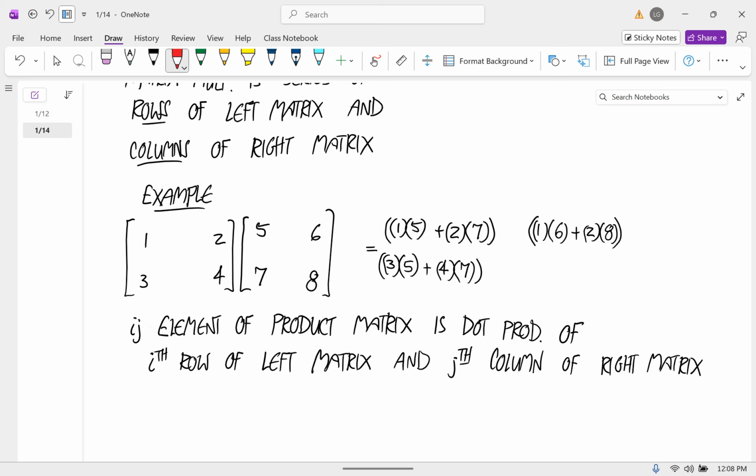That's going to be the second row of the first matrix dotted with the second column of the right matrix. So that's going to be 3 times 6 plus 4 times 8. And if you do all this addition, in this case, you get 19, 22, 43, 50.